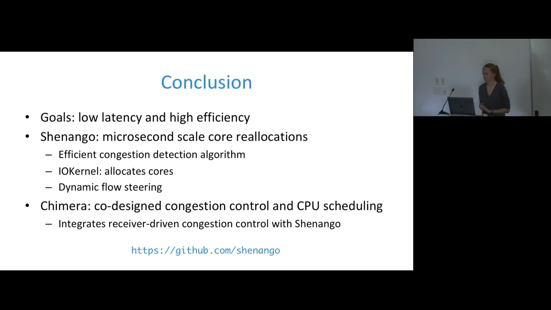If you have a system like Shenango that can reallocate cores extremely quickly, it seems like whatever workload I throw at the server, you'll be able to handle it efficiently because you can always move cores around. Does it actually mean that there's less of a reason to coordinate congestion control and CPU scheduling, or am I missing something there? I think that's a good question.